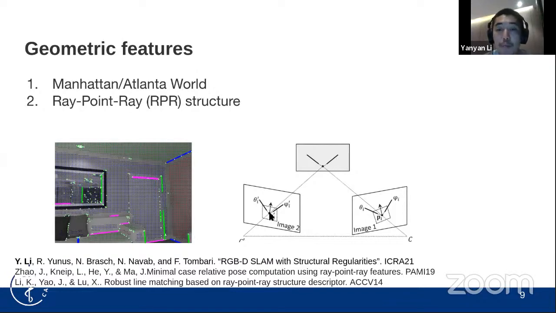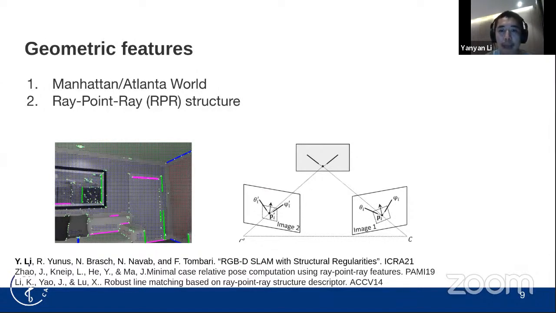So it means instead of describing lines, we try to provide a descriptor for points. Yeah, it will be less computation, and it also can help you to match lines.